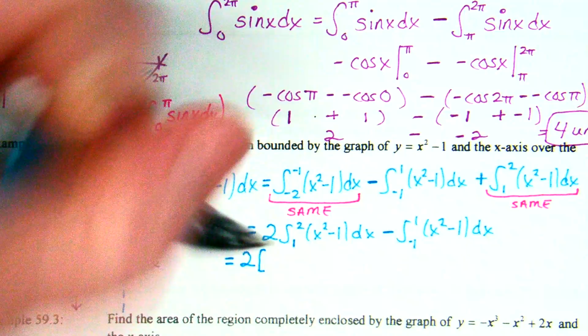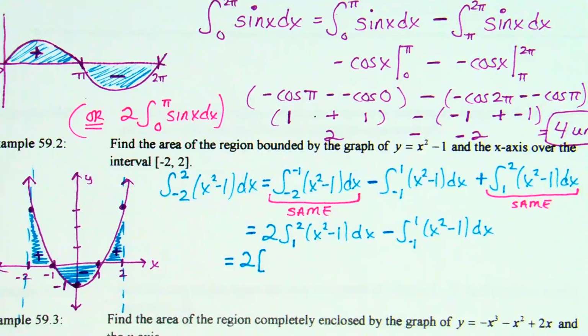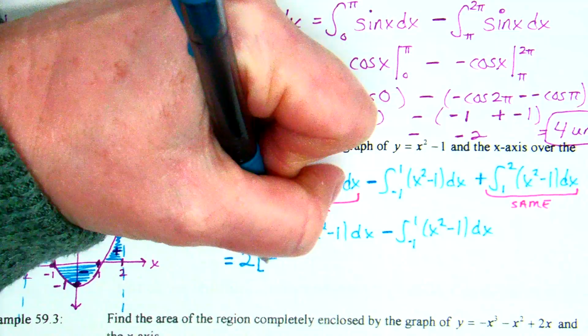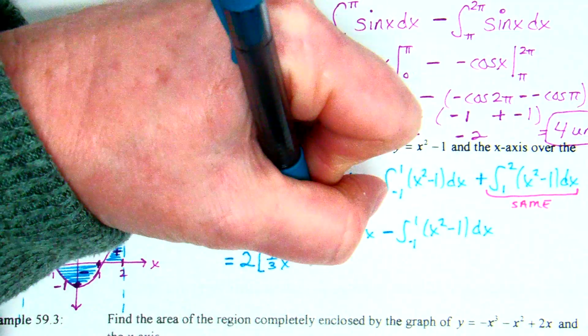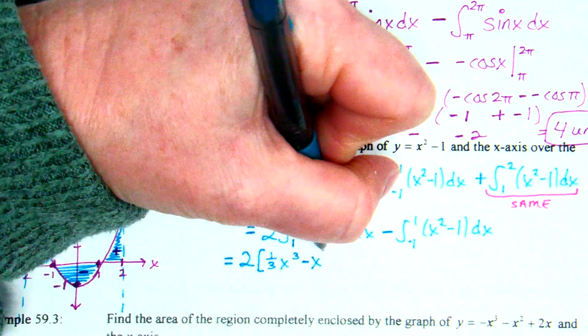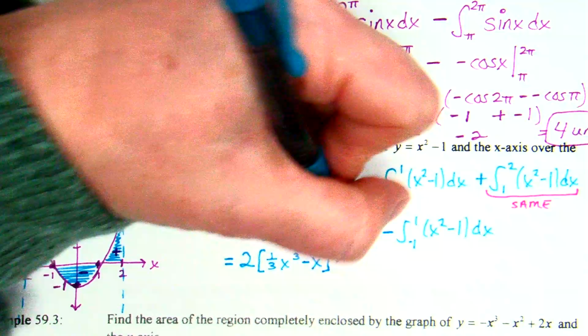times the integral. Okay, guys, it's Monday. Integral of x squared. What are we doing with integrals and powers? We go up, so you're adding a power and dividing by that new power. So 1/3 x cubed minus the integral of 1 is x.